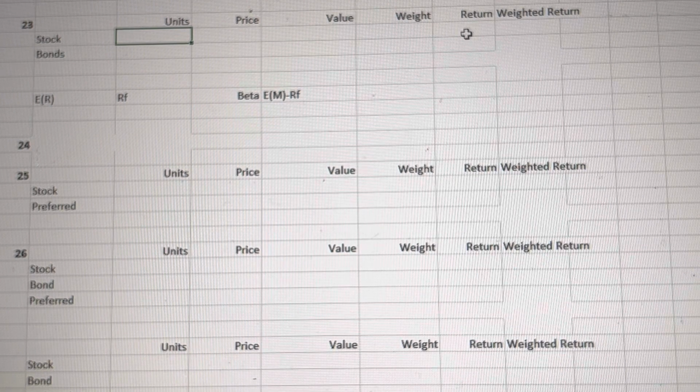We had 10,000 shares of stock and 500 bonds. They were priced at $20 per share of stock and $1,000 per bond.